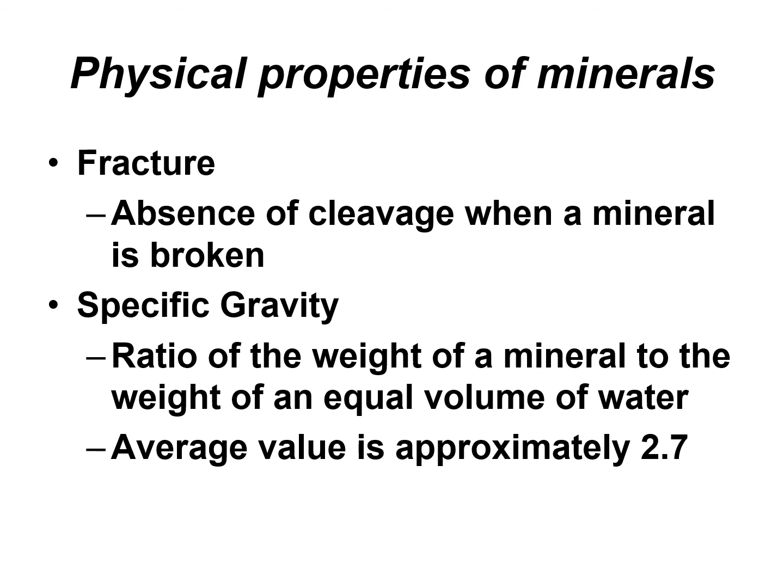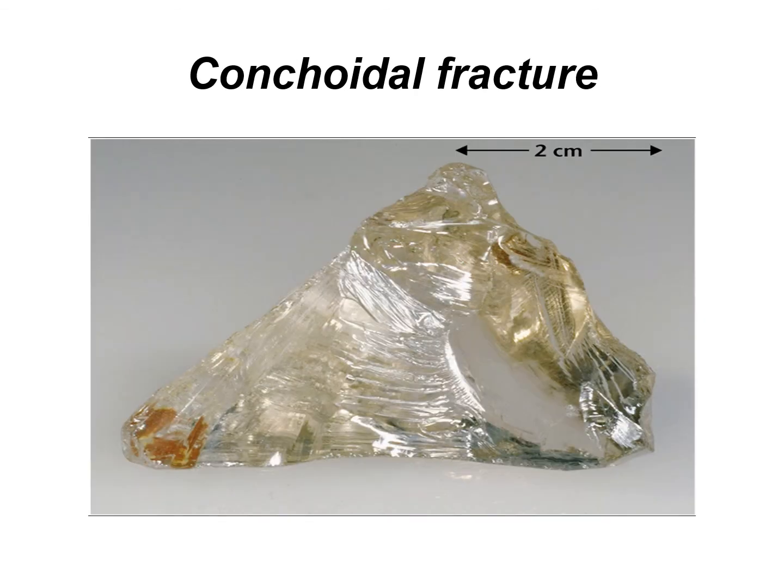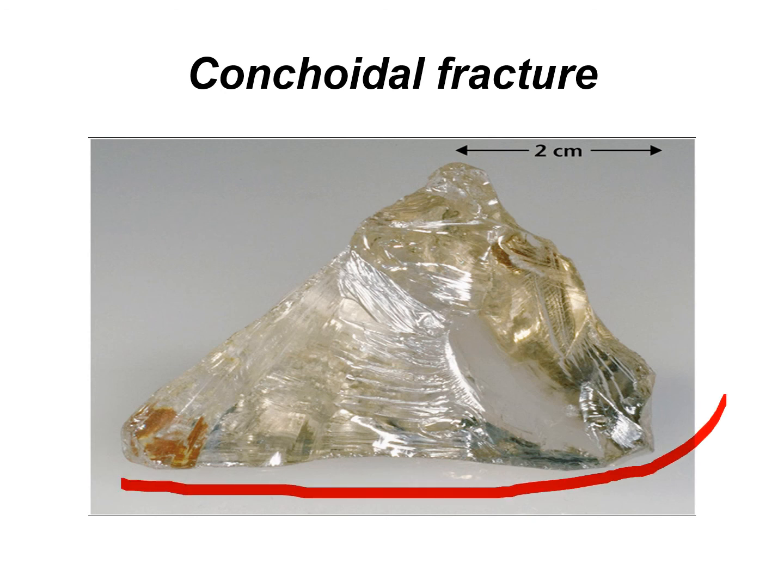So specific gravity, most minerals are around 2.5 to 3, so averages around 2.7 or so. But if you have something that's a lot heavier like that galena, that will usually narrow down what you're looking at. Now, conchoidal fracture, we see a great example of this for this large chunk of quartz.